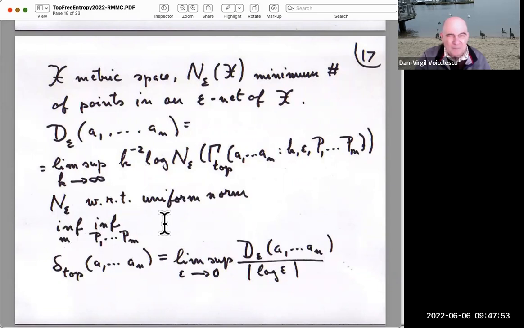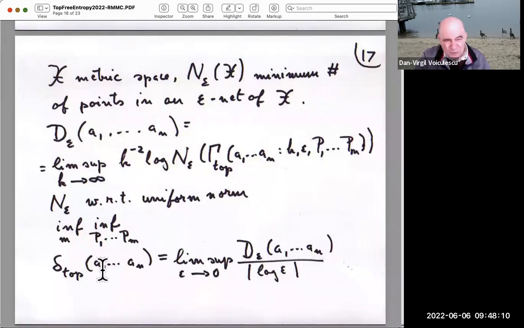So one takes more polynomials and any kind of polynomials, and if one takes the inf over all this, one gets this d epsilon of A1, An.